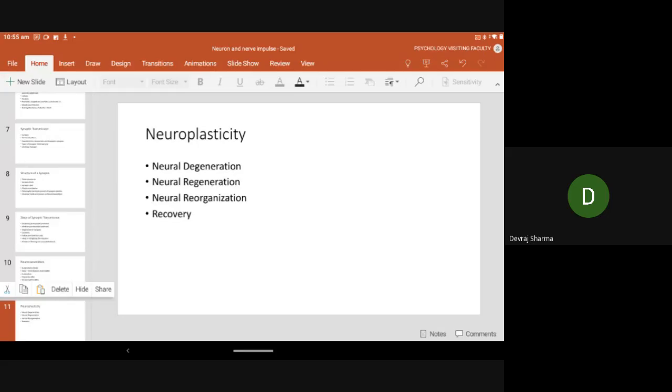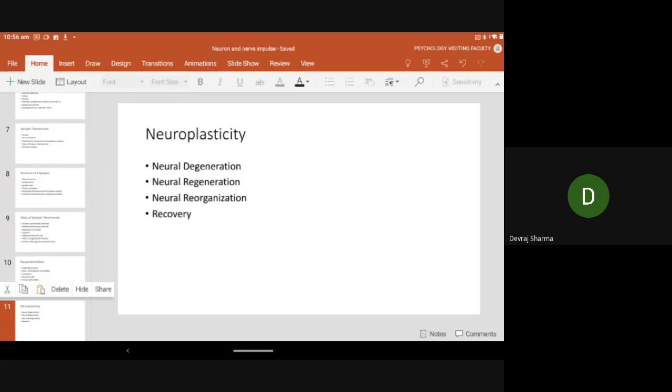There are various experiments conducted on the adult mammalian brain also, to conclude how the adult brain can reorganize its primary motor and sensory functions after gaining sufficient experience.